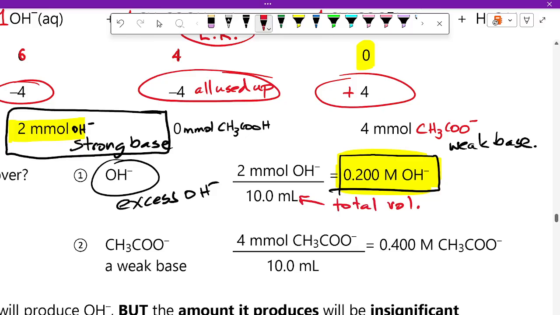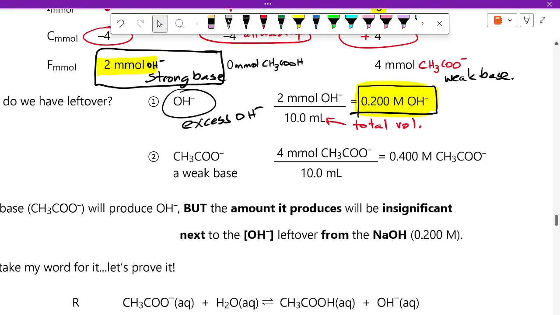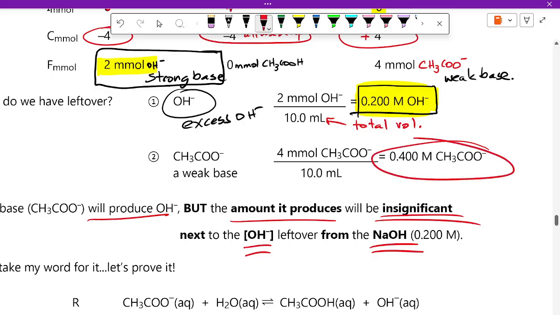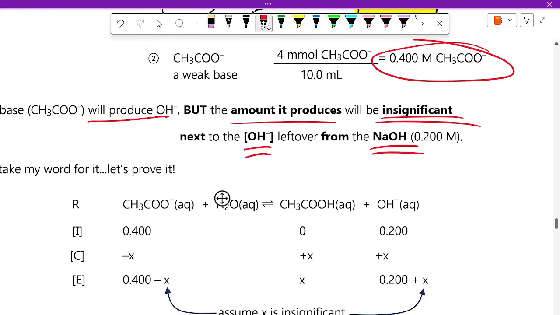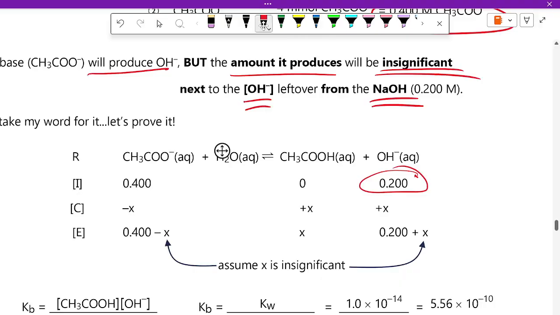We got our weak base, but the amount it produces will be insignificant compared to the OH from the NaOH. Let's prove it. Here is our acetate ion, 0.4 molar, and we already have hydroxide, which is 0.2 molar. Yes? All right. Plus X, minus X, minus X.